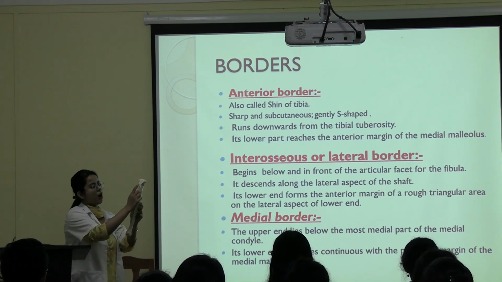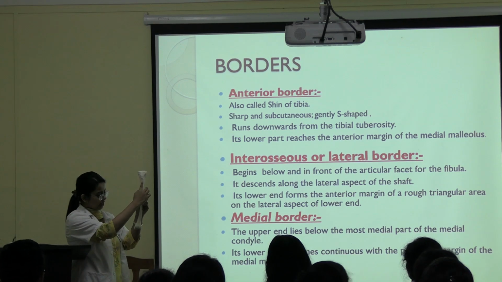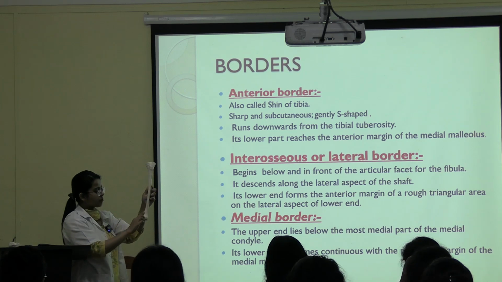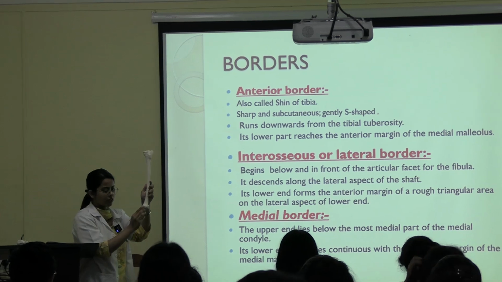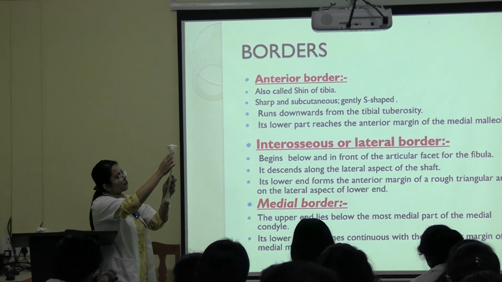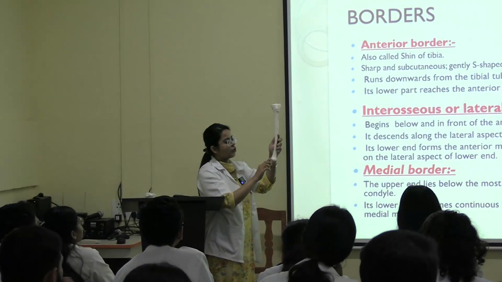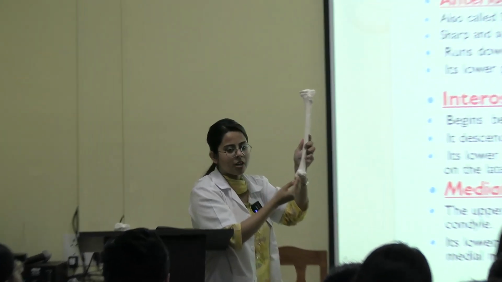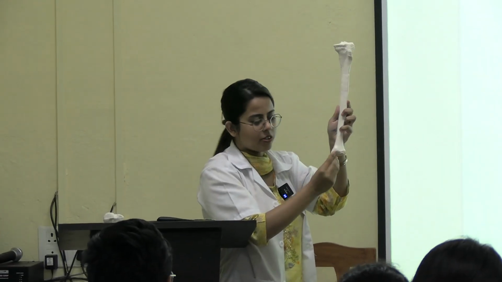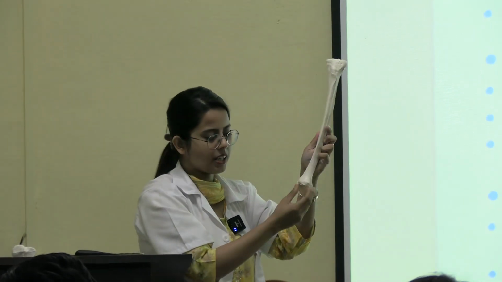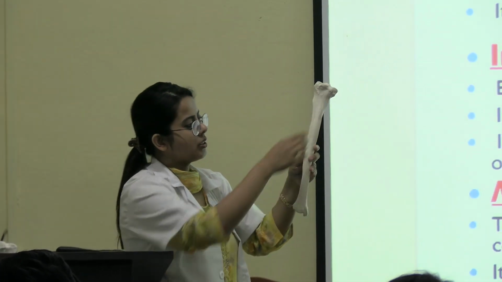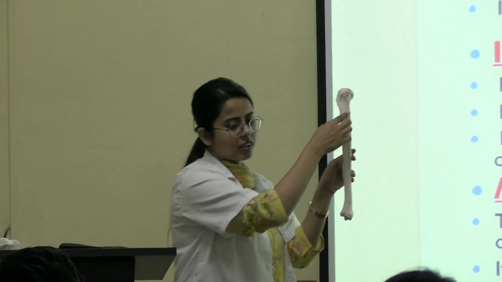So it begins from tibial tuberosity, and in the lower end it forms the anterior margin of the medial malleolus. You can see. Okay, it is going here. Clear?